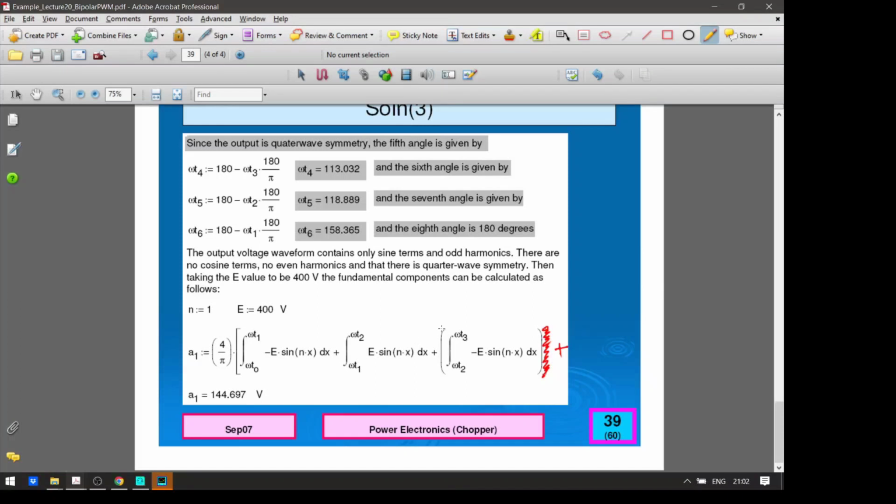There's too many brackets actually, so just remove these two brackets. And plus the other integral is actually from omega t3 to pi over 2, e positive e sine nx dx, and then close bracket.